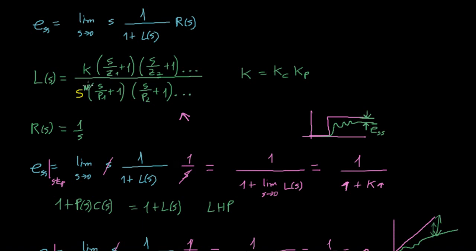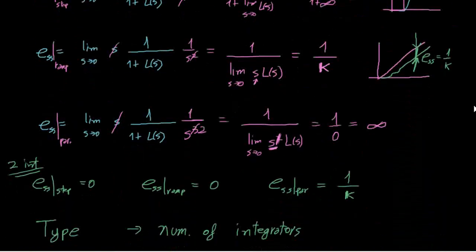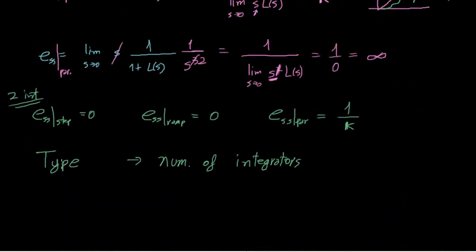We usually denote it with capital N. This exponent is the type of the system, but of the open loop transfer function. Remember that.